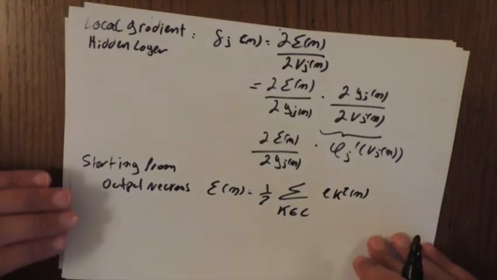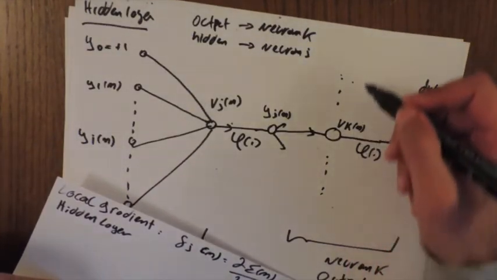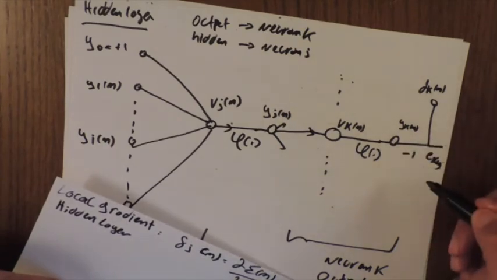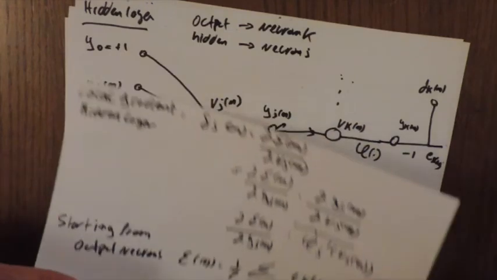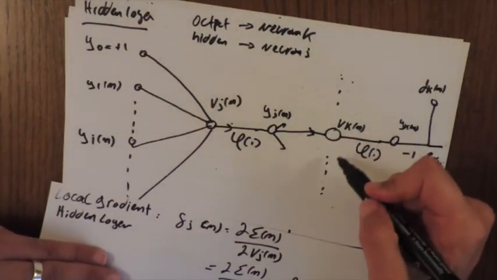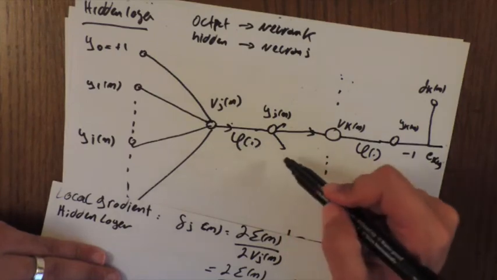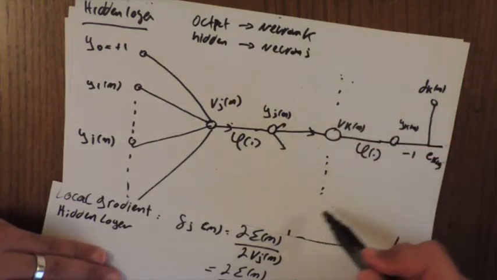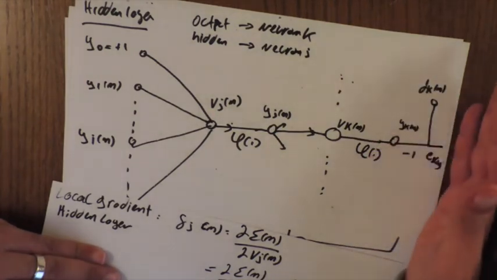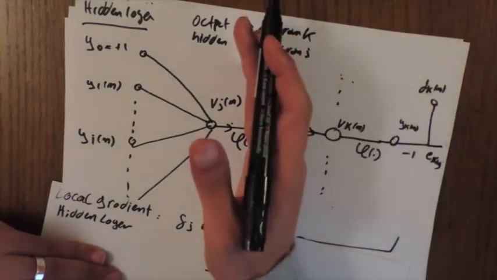If we take a look, we have here multiple neurons at the output layer, each of them with a different error. So now we sum them all, and since the neuron yj of n is connected to all these neurons at the output layer, we need to propagate the error from all the output neurons to the hidden layer.